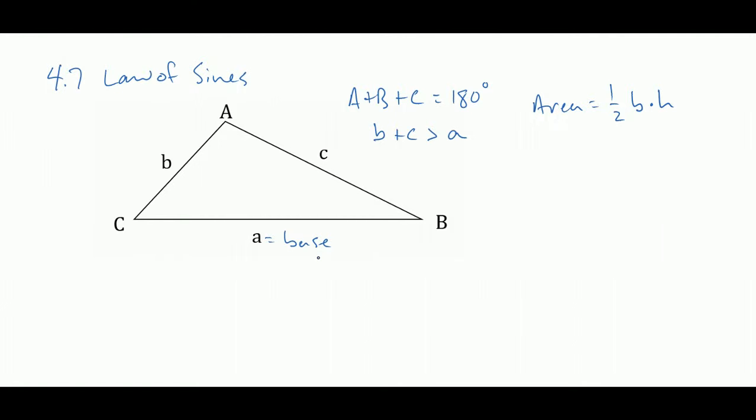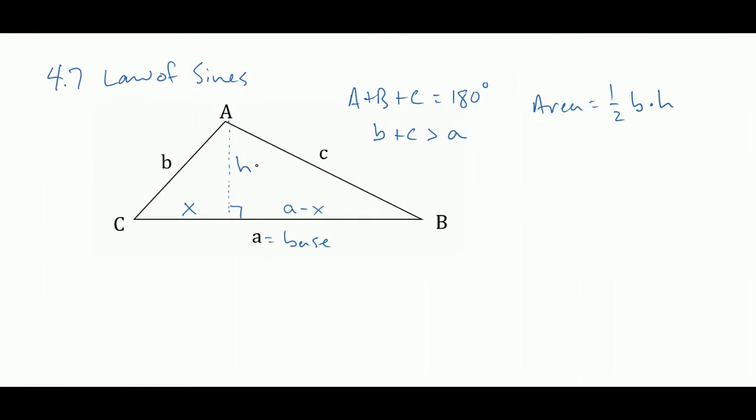So we give ourselves a height by dropping an altitude, and by definition an altitude makes a 90-degree angle. We're going to call this side length X because we can't call it A, since A is the entire length across the base. That means the length over here will be A minus X, and this is our height of the triangle.